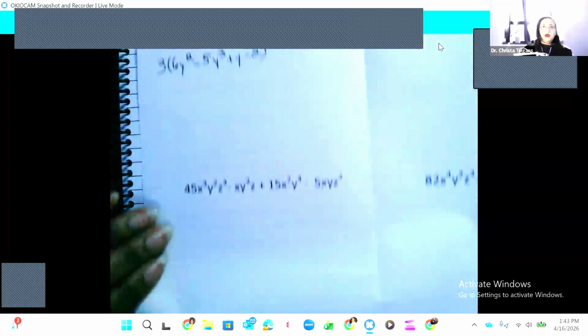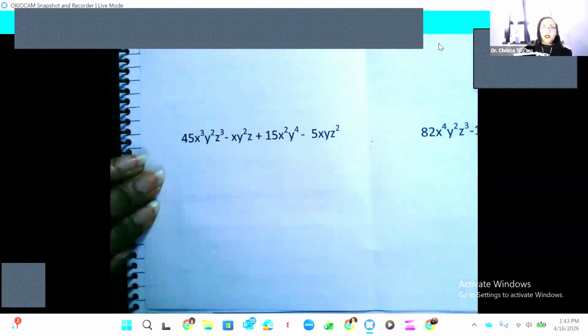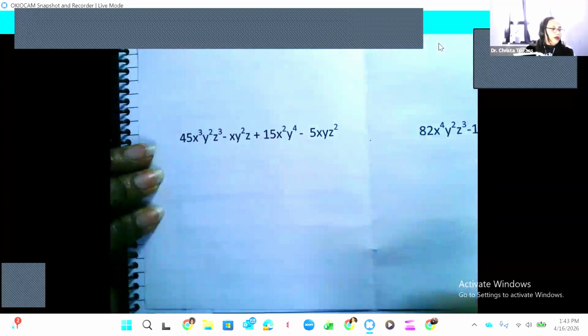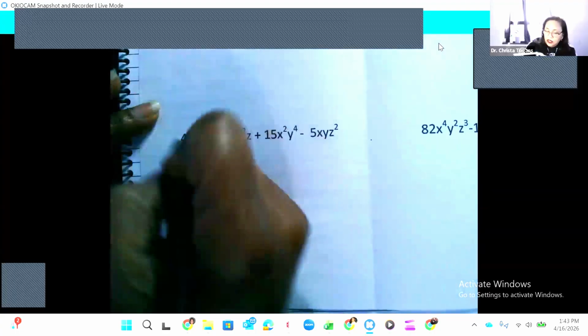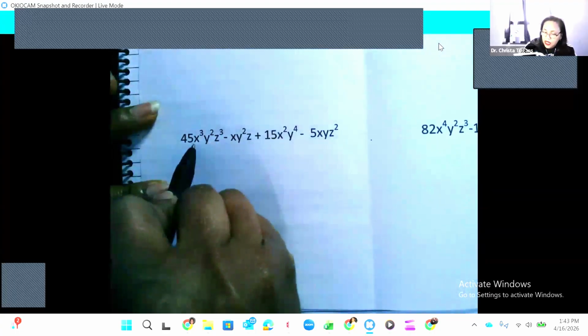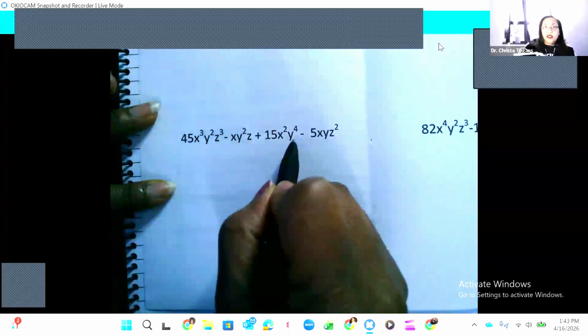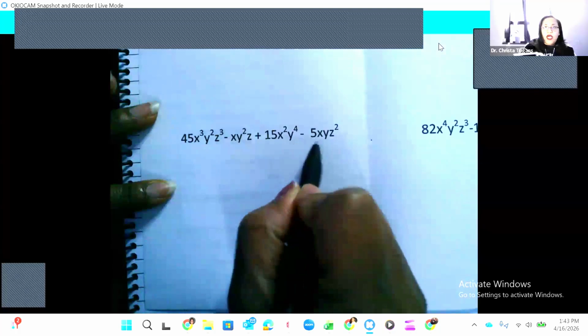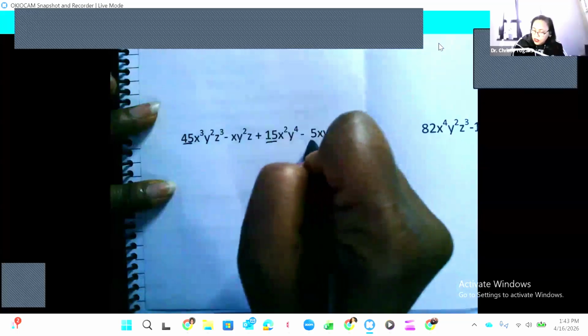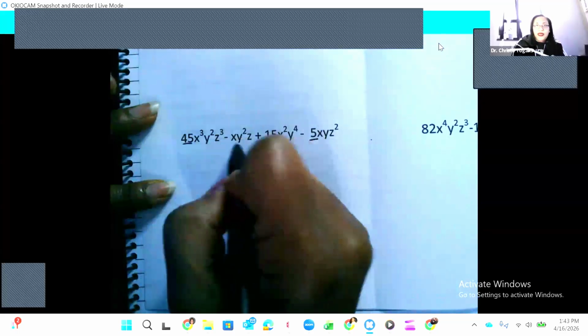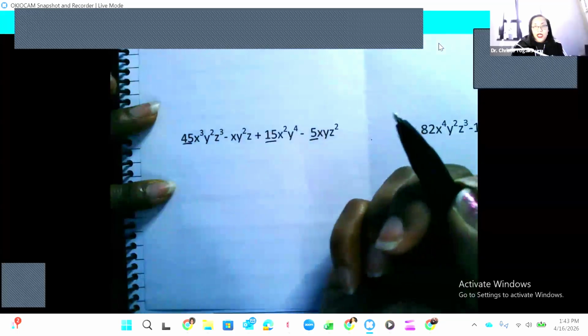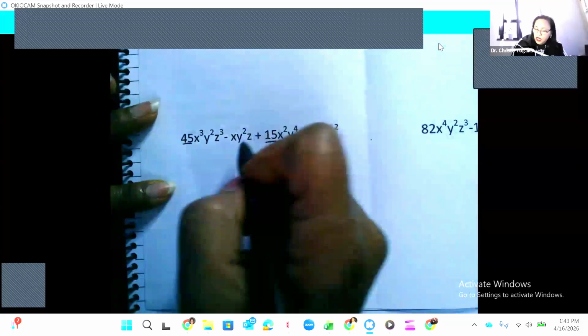Okay. So the next one looks like it's probably just overwhelmingly complicated, but it's not that bad. Right. So every single term has an X, a Y, but not a Z. See, this one doesn't have a Z. So I have to leave the Z's there. And if it helps, you can underline all of your numbers. And since this one doesn't have a number, I mean, it has a 1, I can't divide any of the numbers out, okay?